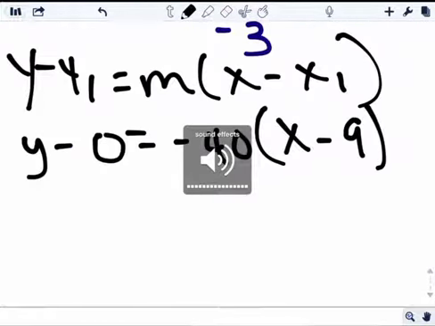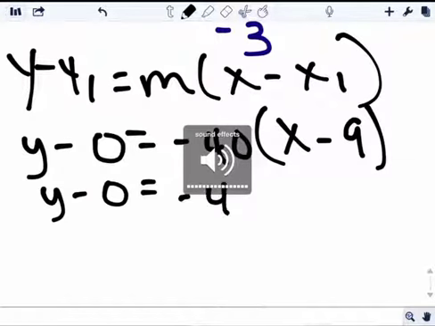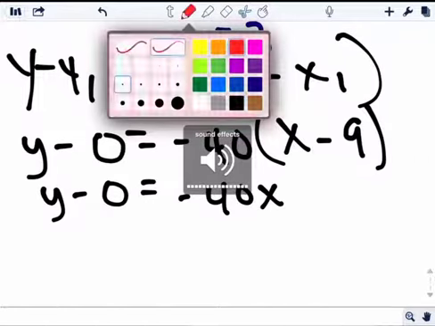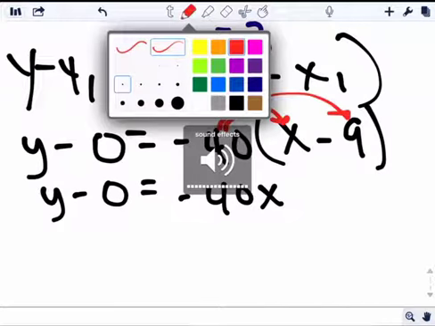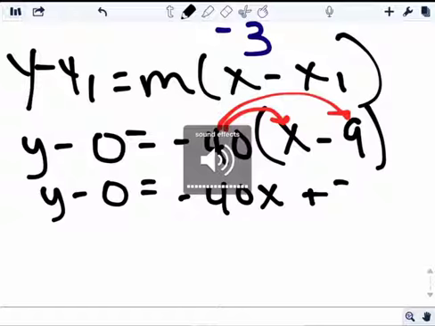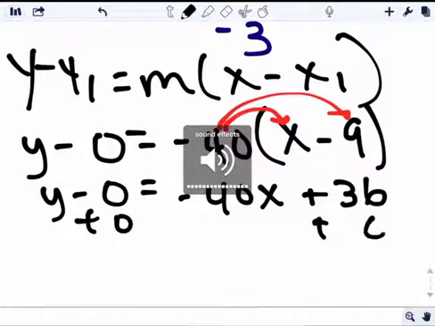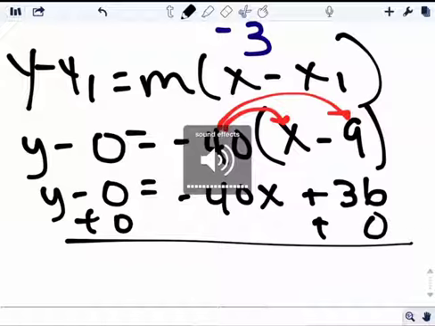So if you like to keep the 0 until the very end to show all your steps, you're uncomfortable getting rid of it, okay, that's negative 40x because we distribute. That gives you a positive 360. Then you can add 0 if it makes you comfortable, but you really don't need to.